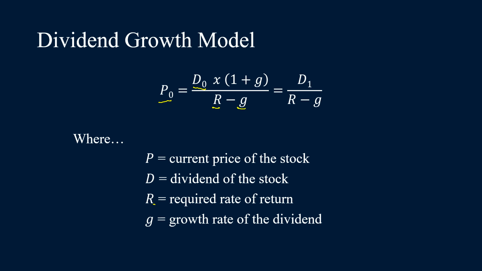And of course, we put those together, so we would just take the dividend today, times 1 plus G, which is the growth rate of the dividend, and then divide that by the required rate of return minus the growth rate. Or simply, if we have the future predicted dividend in 1 year's time or 1 period's time, we could take that and then simply divide it by the required rate of return minus G.